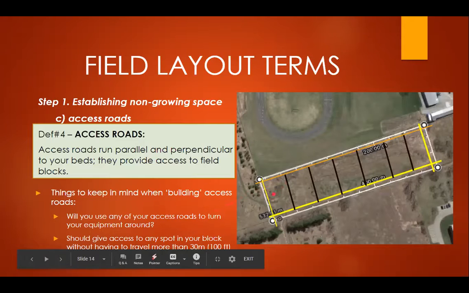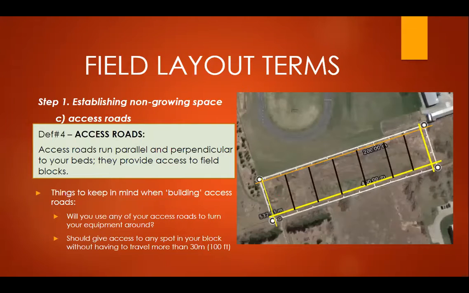Yeah, if you're in the middle of this field block, it shouldn't take you any more than 100 feet to reach an access road, whether that access road is there, or down here at your headlands, or over at the side. Because if you're harvesting, say, and you're in the middle of that block with a 50-pound crate of cucumbers, you don't want to travel that far with it.